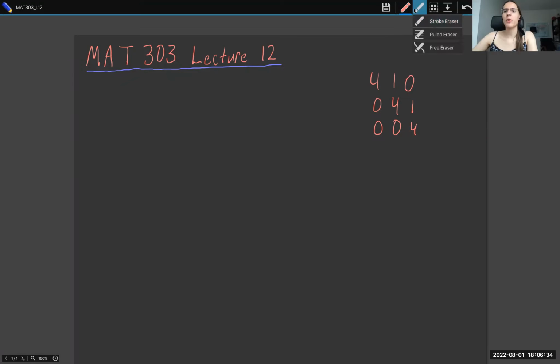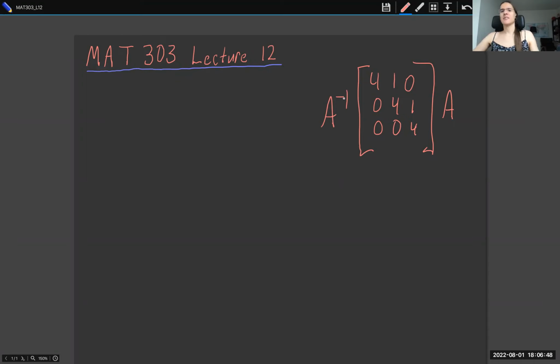I took this matrix and then I multiplied it by some matrix A and A inverse in order to get that one. So that's how that works, because then the generalized eigenvectors would have been the columns of A. But what happened was when I did this, the top row only had a single non-zero entry or something along those lines.